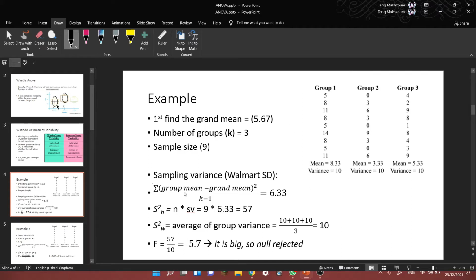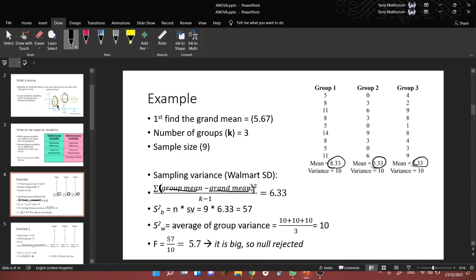What you're going to do is take each one of these group means and do group mean minus grand mean, and then take that difference and square it.